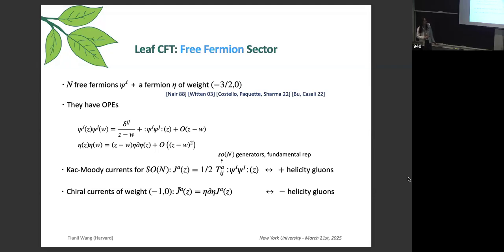We can also construct other currents with weight -1. These are J bar, which are just J dressed with eta bar. J has weight 1 and eta has -3/2, and you can plug it in and see the weights check out. This gives the spin part of negative helicity gluons. By the way, this is just the usual construction of the WZW model.